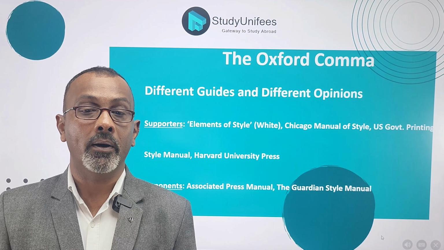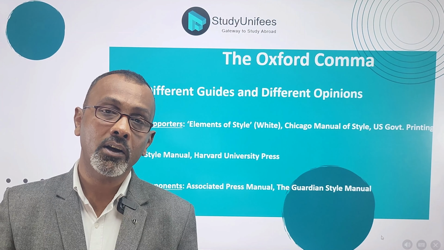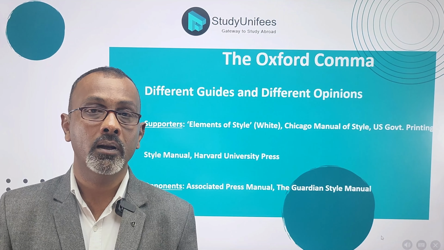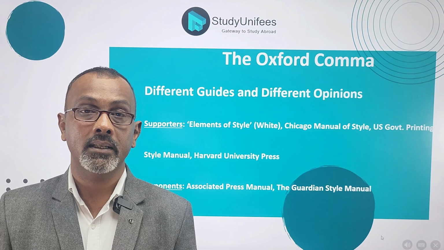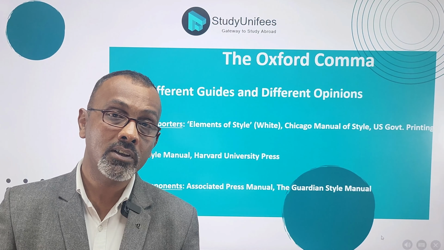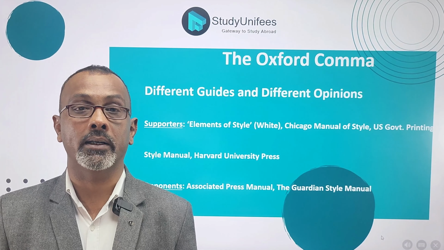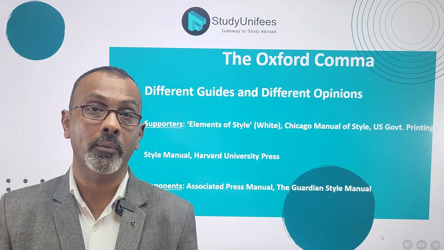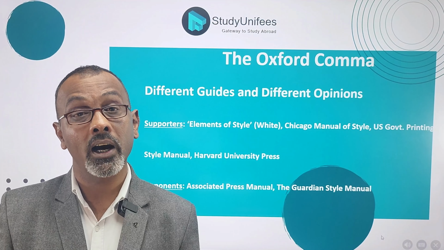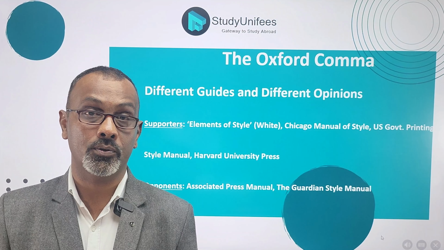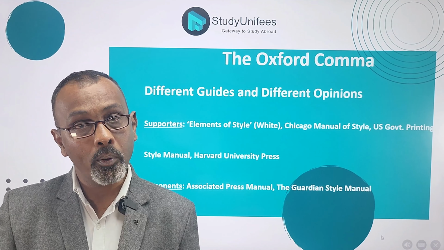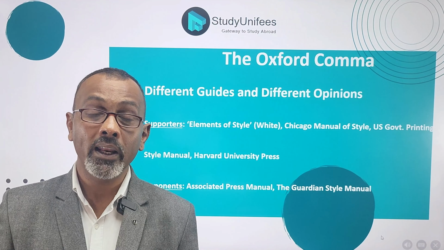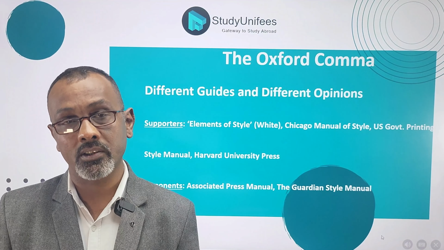The Oxford comma is again a very controversial subject. There is no one guide that basically governs the use of English worldwide. A lot of American guides support the use of the Oxford comma. However, a lot of British guides do not support its use. Thus, what is important is to understand when it is optional and when it is necessary.